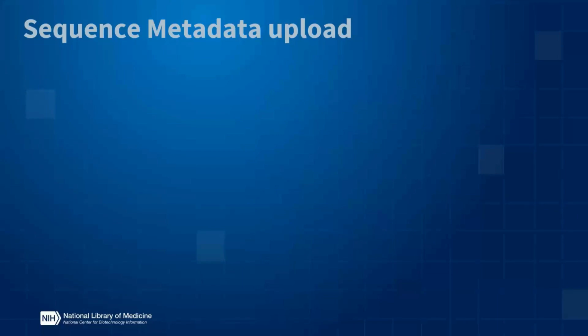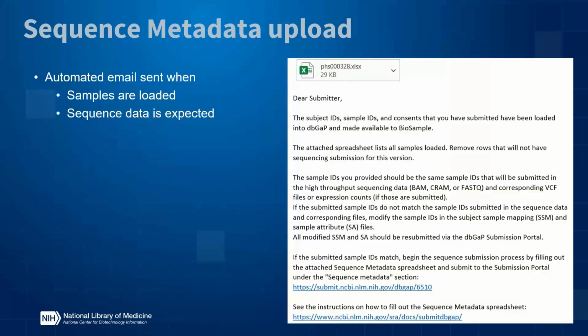The third improvement that I'd like to talk about on the submission process is the sequence metadata upload. Previously, the sequence upload to dbGaP, because it's handled through another team called SRA at NCBI, was often done through emails that were arranged by the curators at the time of submission.